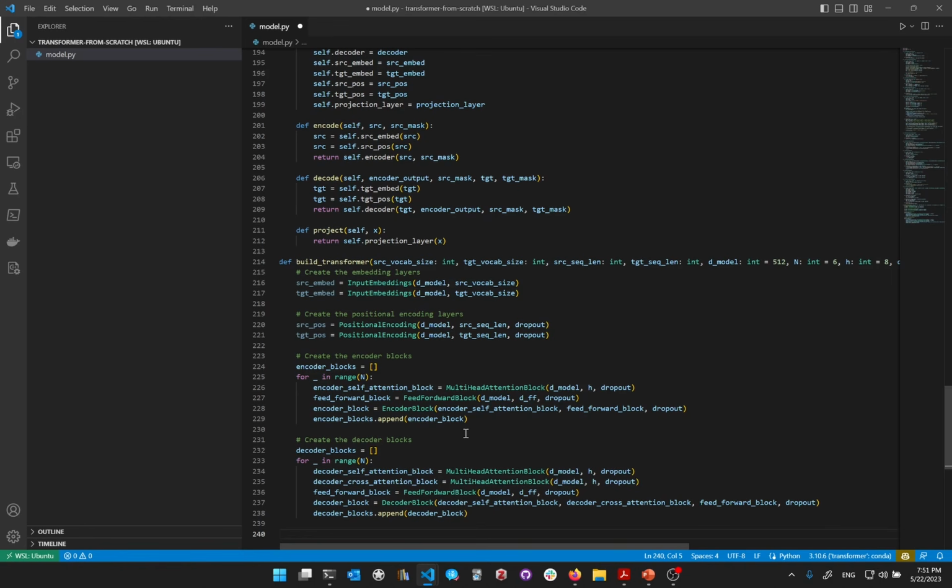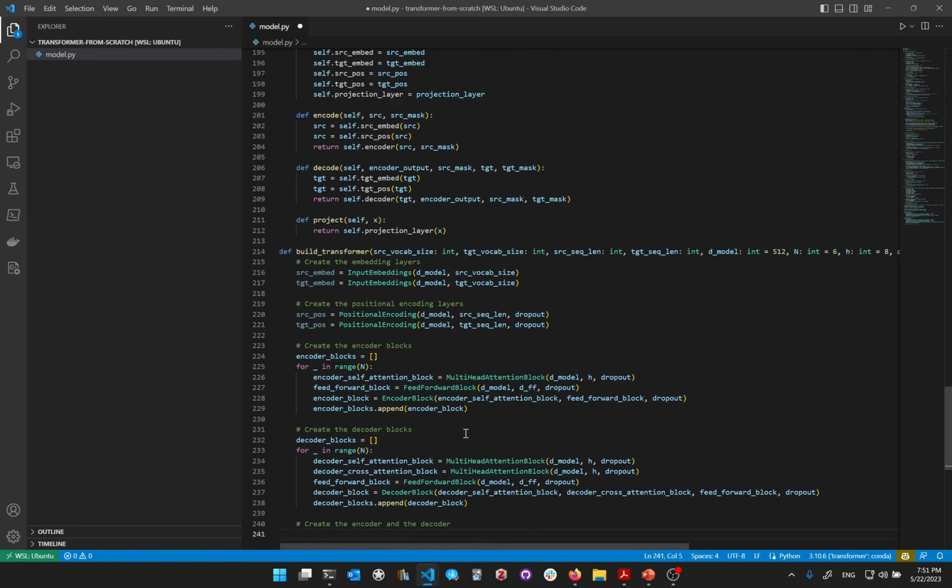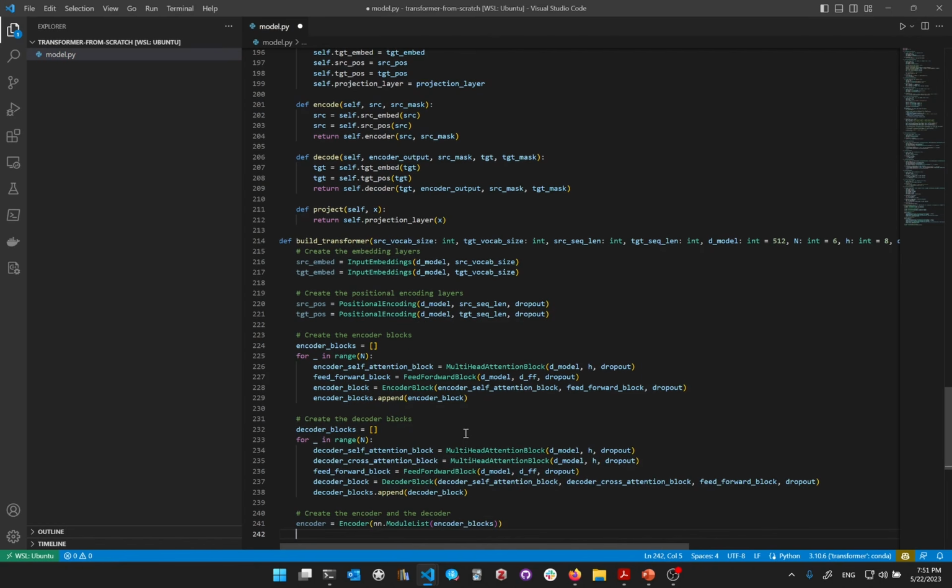We now can create the encoder and the decoder. We give him all his blocks, which are n, and then also the decoder.